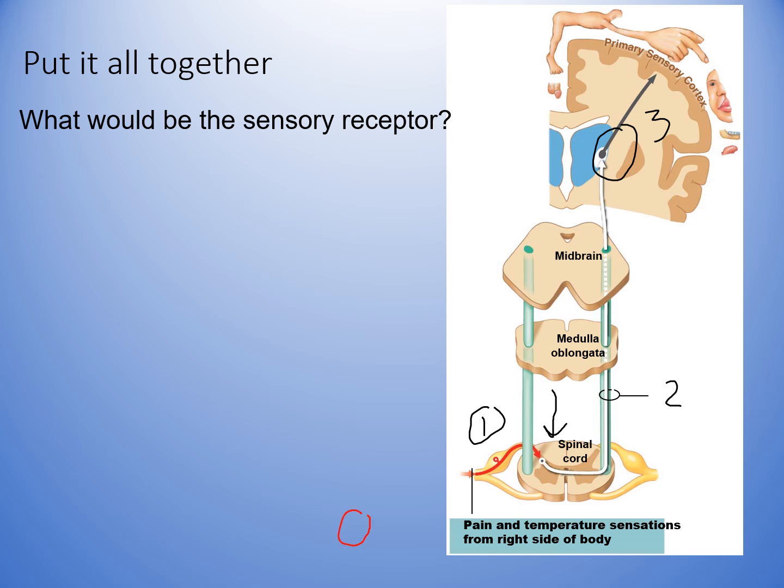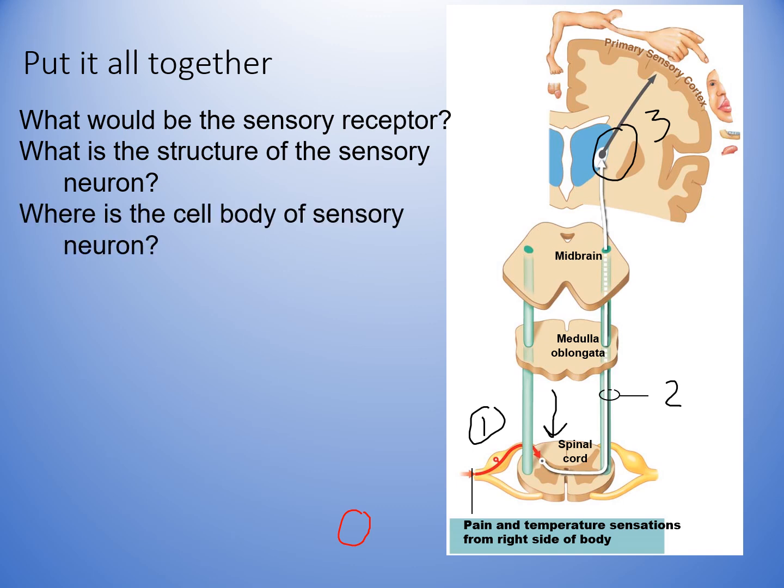Right? What would be the sensory receptor? It would be a nociceptor. And let's say that you have it in skeletal muscle. That's where we're going to put it. Right? So the sensory neuron is in skeletal muscle. It's a nociceptor. And it's connected to an axon that comes into the spinal cord and has its cell body in that dorsal root ganglion.